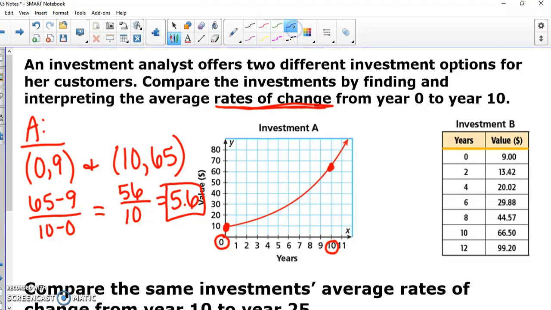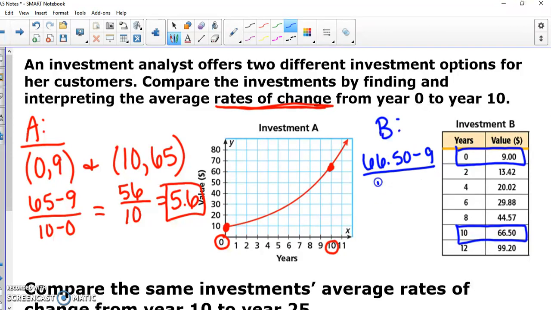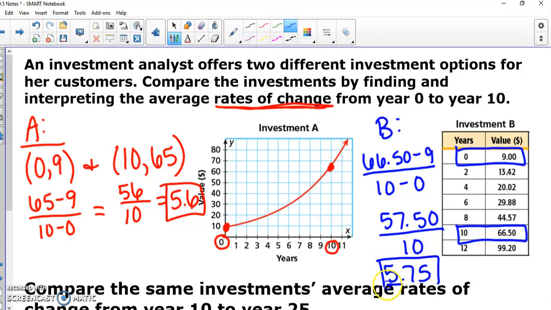Then I'm going to do the same thing for B. Remember, I'm only concerned about years 0 and 10. So I'm going to take 66 or so, 6650 read as (10, 66), subtract 9, and then divide that by 10 minus 0. When I subtract, I think I get 57 over 10, and then divide that, I should get 5.7 for my slope there.